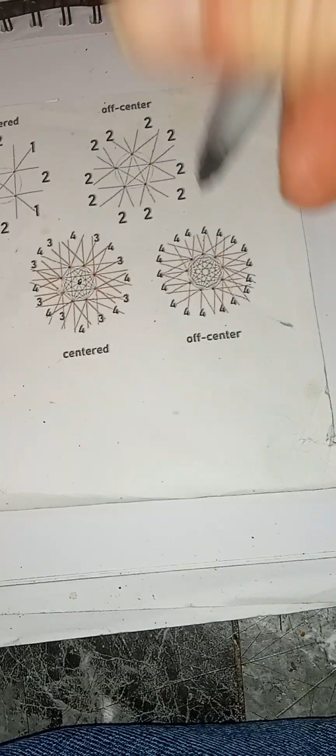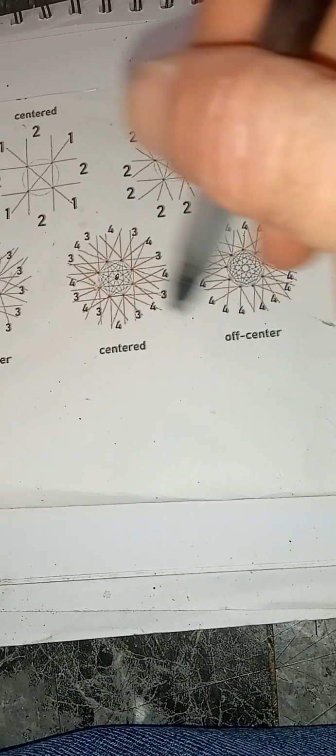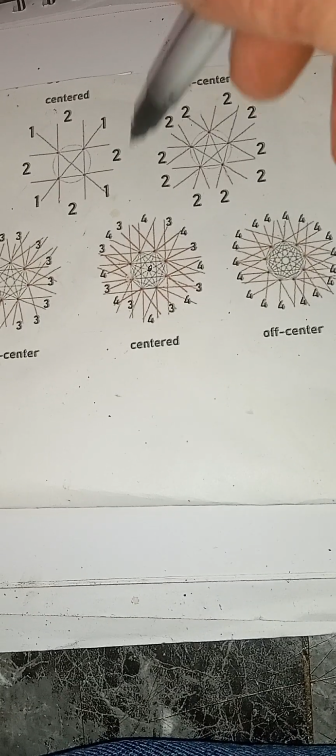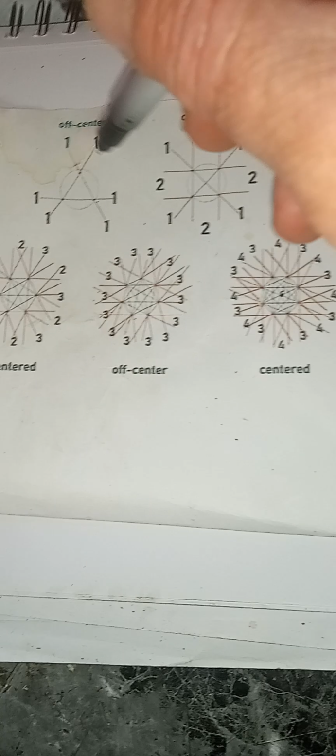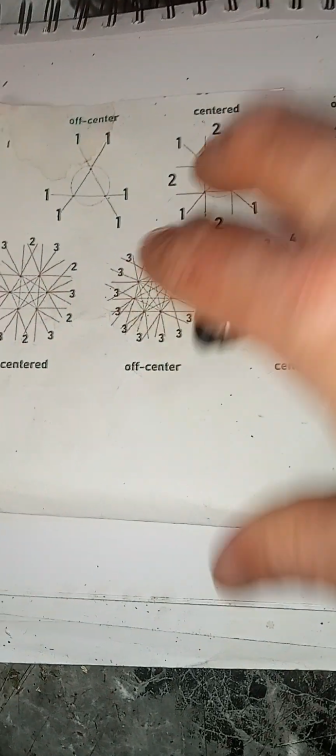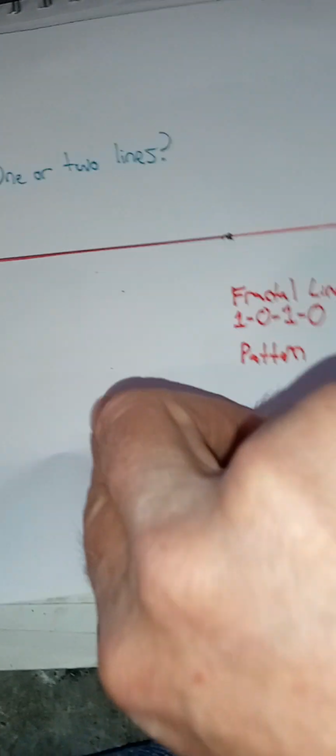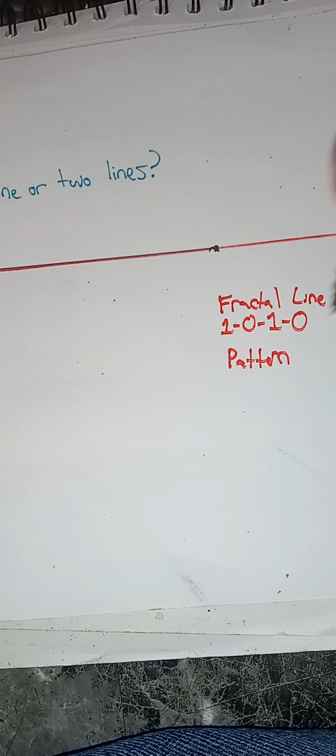and geometry, graphic geometry, I guess: 4 4 4 4, 3 4 3 4, 3 3 3 3, 3 2 3 2, 2 2 2 2, 2 1 2 1, 1 1 1 1, and 1 0 1 0.